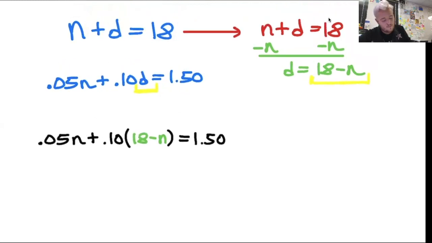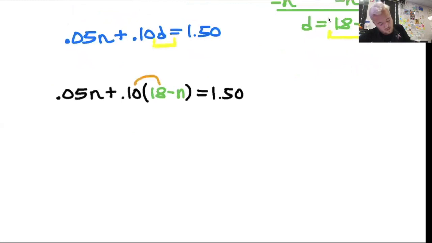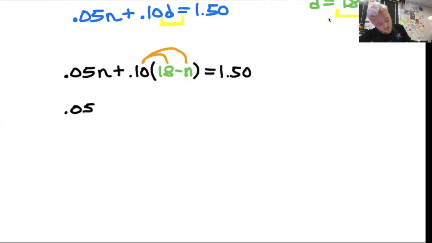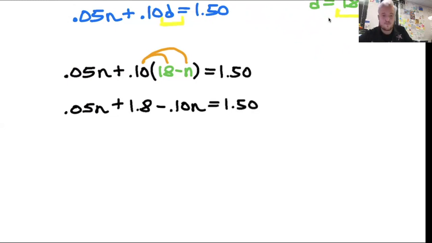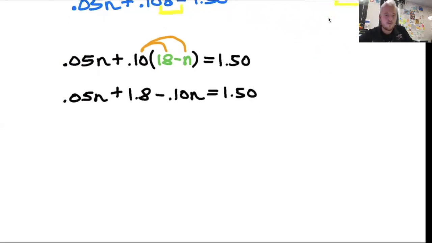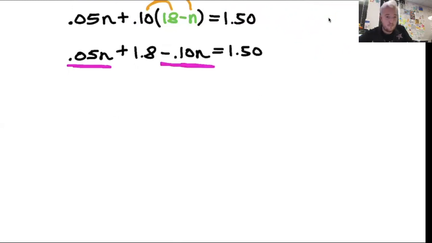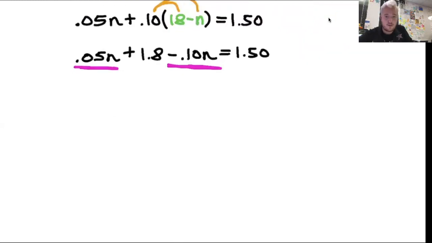Just like before, now we're going to distribute. So I'm going to have 0.05 N plus 1.8 minus 0.10 N equals 1.5, or 150. Now I'm going to combine like terms, 0.05 N and negative 0.10. Be careful here because I see people get this part wrong all the time.